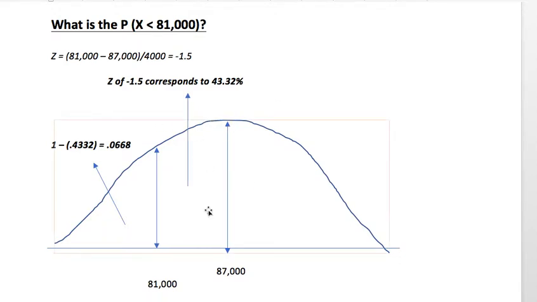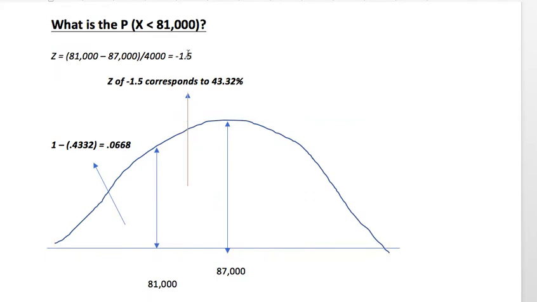So the area in question, let me be a little redundant here: the area between 87,000 and 81,000, which in z terms is negative 1.5, corresponds to 43.32%. That is the area between 81 and 87.